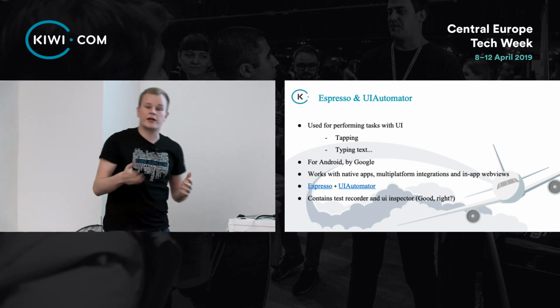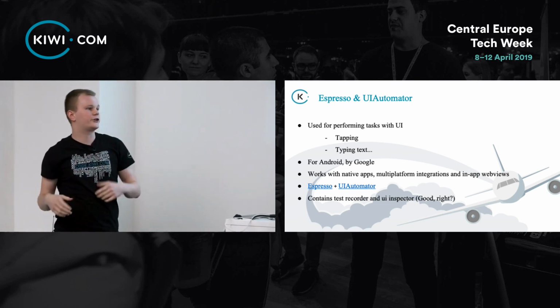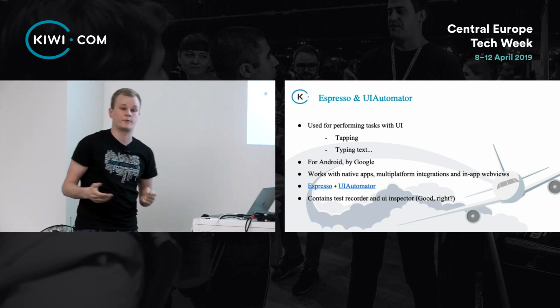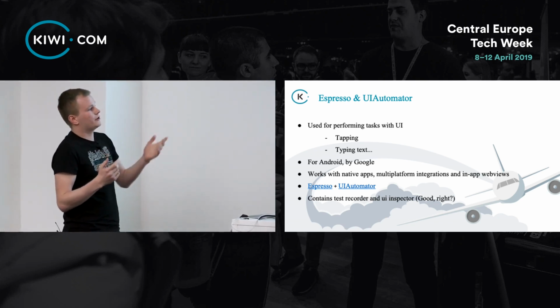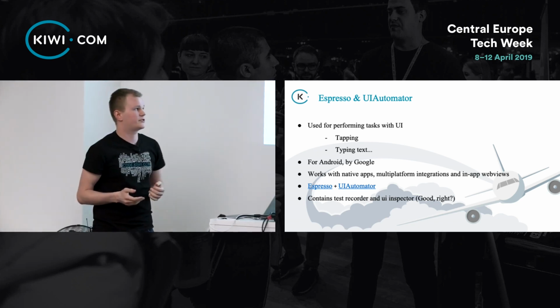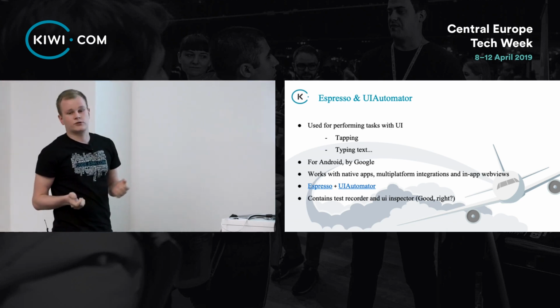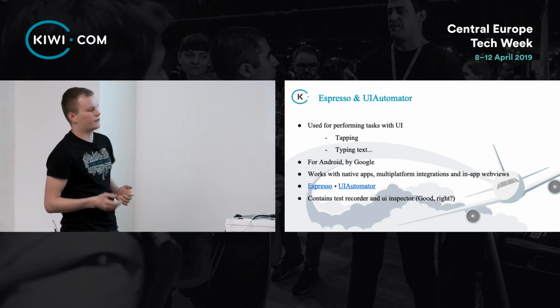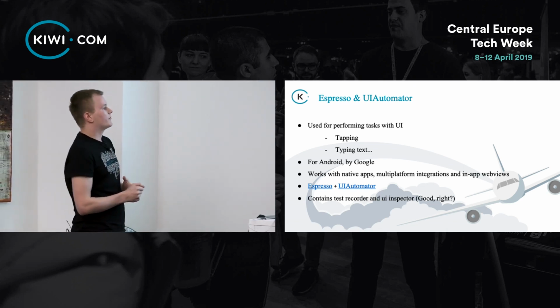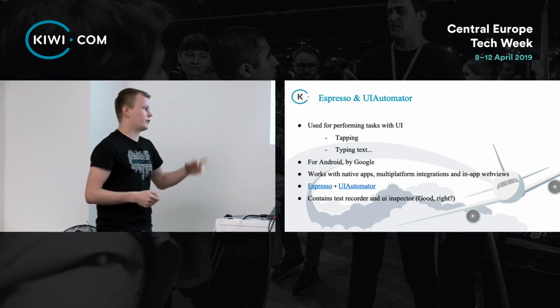So you may have part of your app in some kind of multi-platform language, and you can test this part of your app with these frameworks as well. It also works with web views, so if you have some part of your app in a web view, you can test it as well. There are links for these two frameworks.